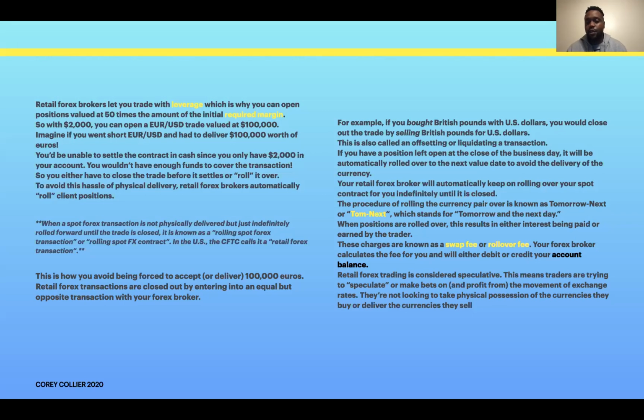The next procedure for rolling currency pairs over is known as tomorrow next, or Tom next, which is tomorrow and the next day. When positions are rolled over, this results in either interest being paid or earned by the trader. Yes, guys, brokers can pay you on your swap fee if you're trading the right instrument, and it's based on interest rates.